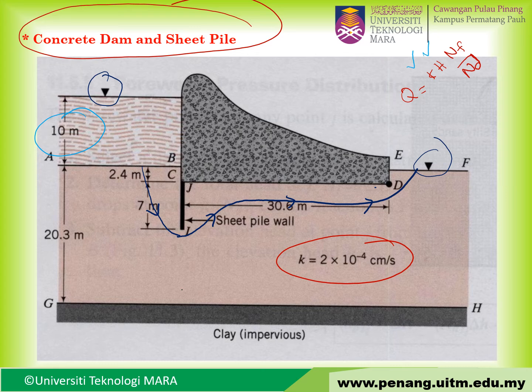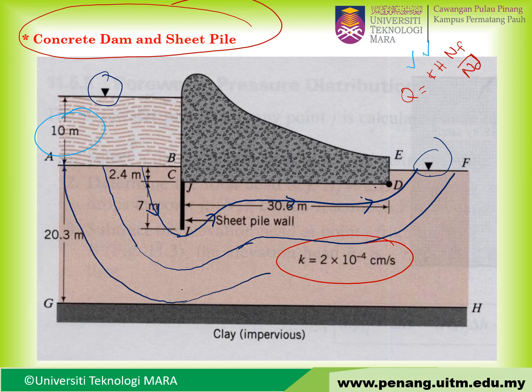And then next you have to draw the equipotential lines. So just now I drew the flow lines, simple. So this one is the flow line, and now you have to draw the equipotential line.